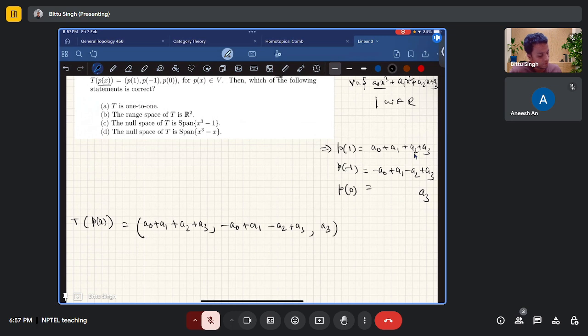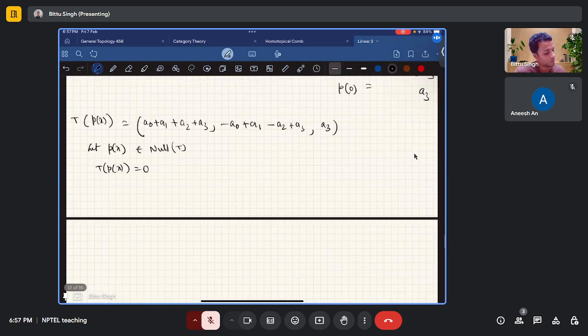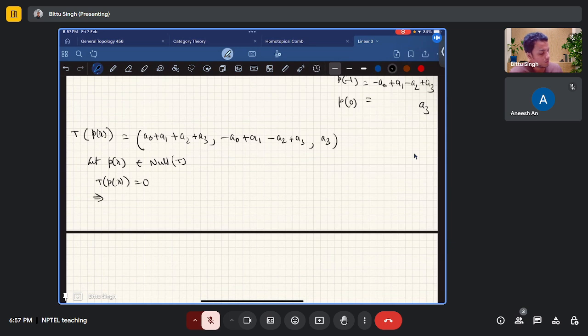So let px belong to the null space of T. Then T of px equals 0. T of px equal to 0 will automatically imply this whole thing becomes 0, and the whole thing becoming 0 is equivalent to saying all those components are 0.